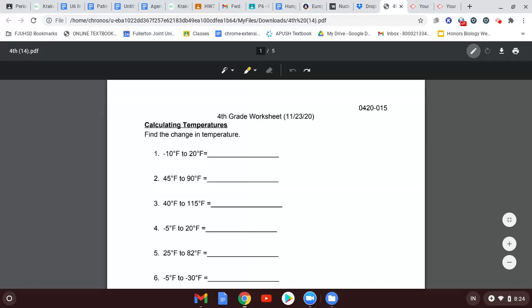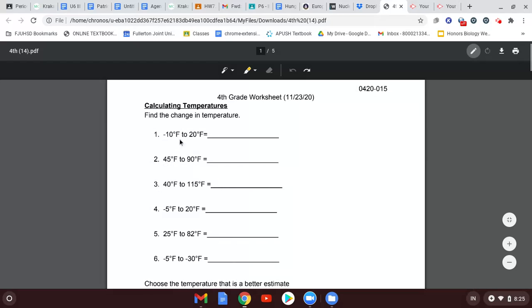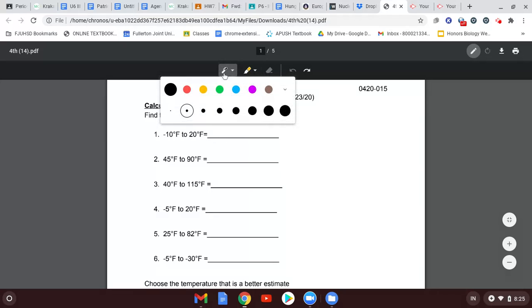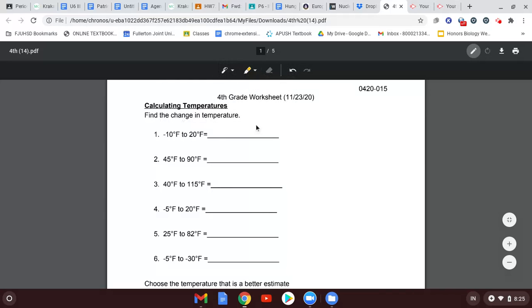For now, we're going to focus on Fahrenheit and Celsius, and obviously this measurement is Fahrenheit, so we're going to be focusing on Fahrenheit mainly. So basically, how we're trying to find a change in temperature is we just subtract.